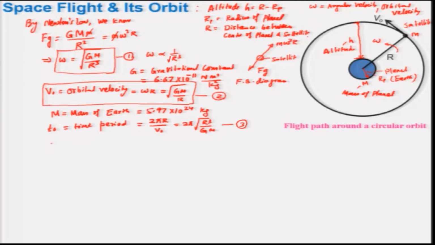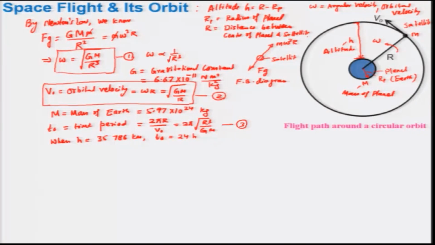When h is equal to 35,786 kilometers, you will get T naught as approximately 24 hours. And of course, if r is smaller, then the time is smaller, it may be on the order of some minutes. We will discuss that a little bit later on.